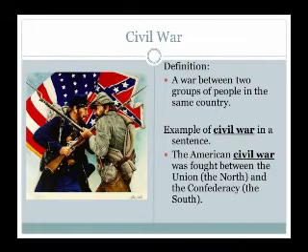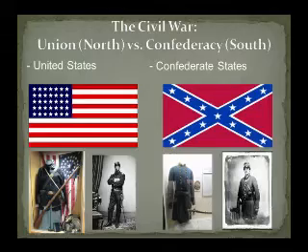Now we'll see what the American Civil War means. As this war happened in America, it is known as the American Civil War, and here the term civil war means a war between two groups of people in the same country. The United States comprised the northern states and the southern states.